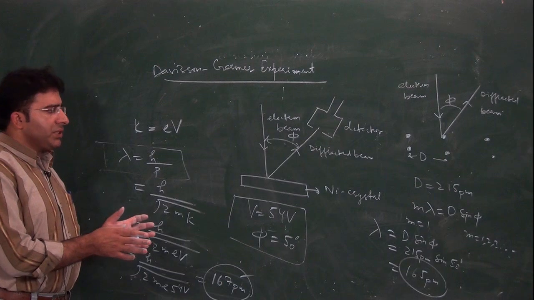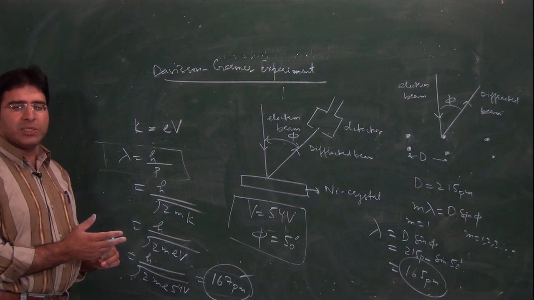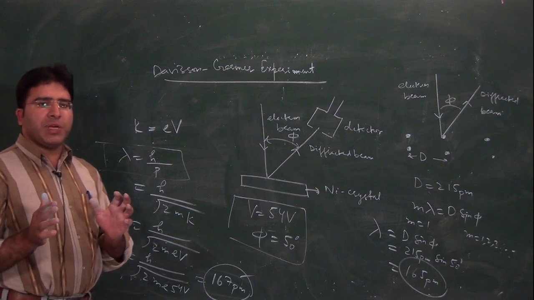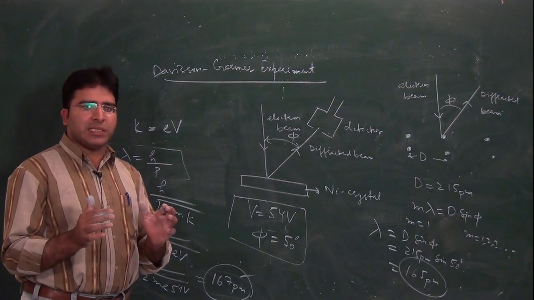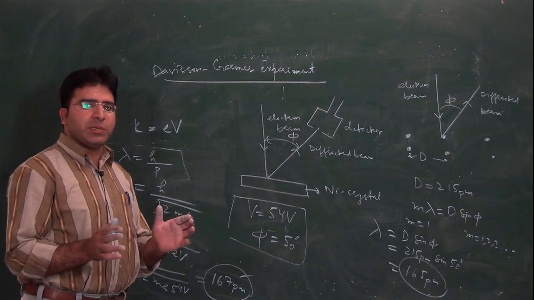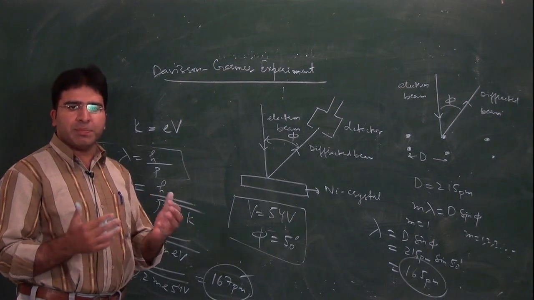Now it is established that matter as well as radiation has dual nature. Matter under most circumstances behaves like a particle, but under certain circumstances behaves like a wave. Likewise, radiation under most circumstances behaves like a wave, but under certain circumstances behaves like a particle.